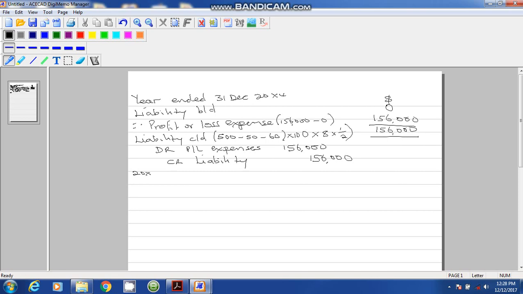Move to 20x5. The liability brought down, which is the closing balance for 20x4, 156,000.